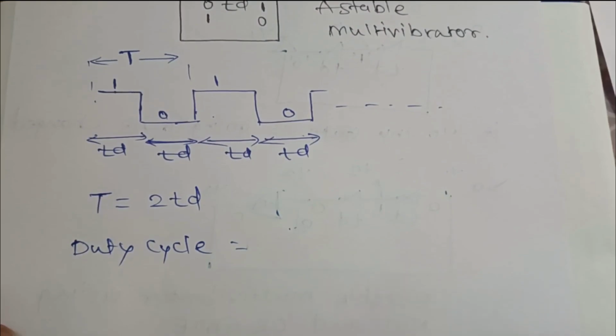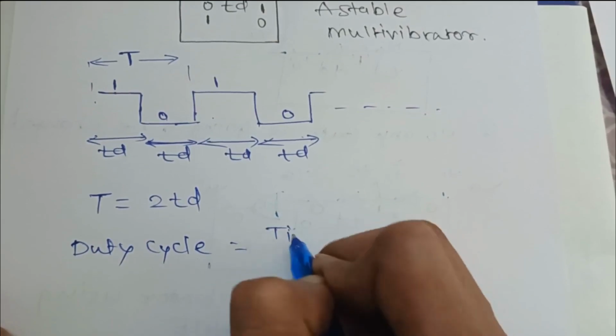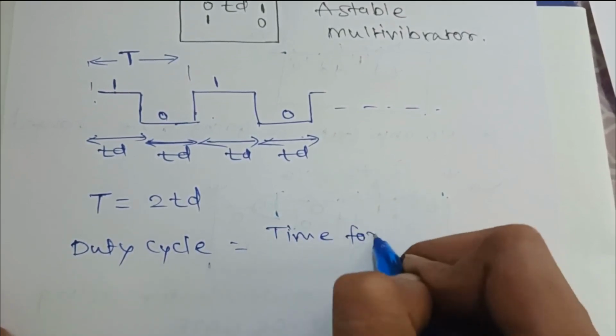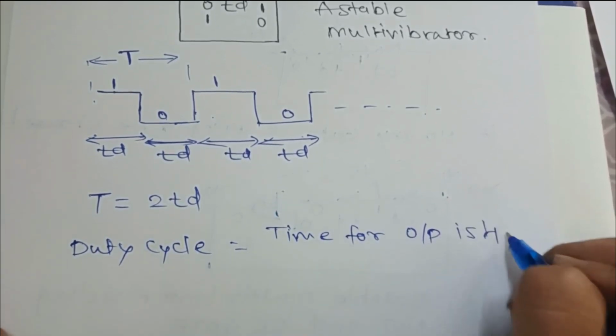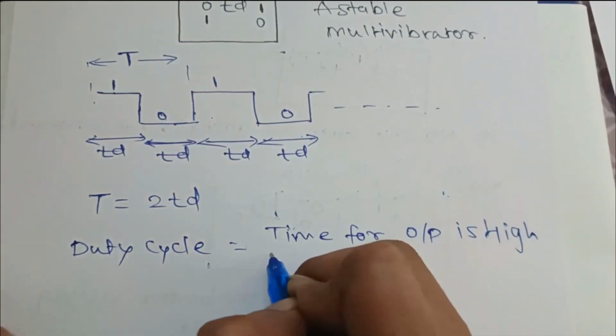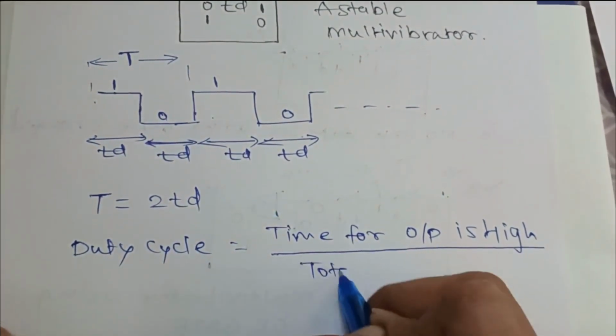Duty cycle is nothing but the ratio of the time for which the circuit is giving output as 1 and the total time period.